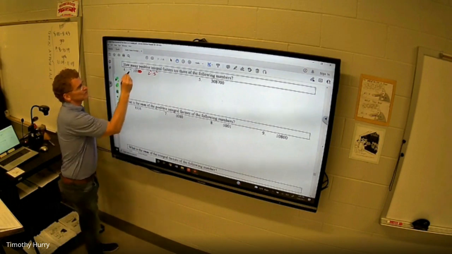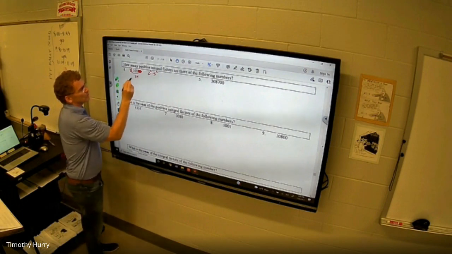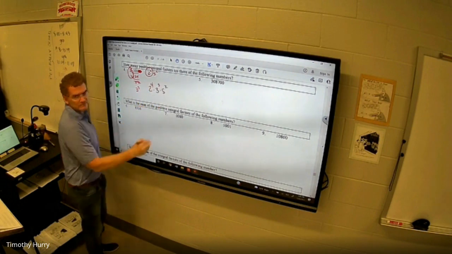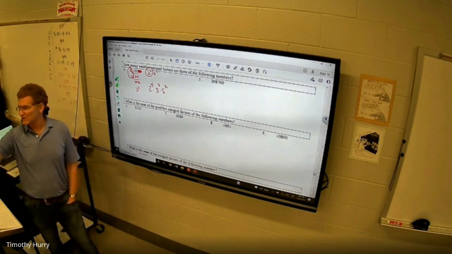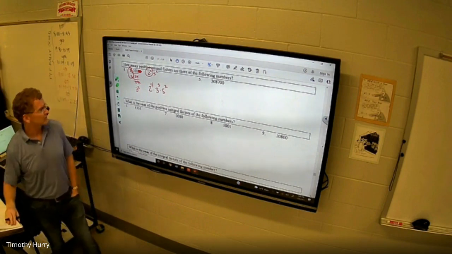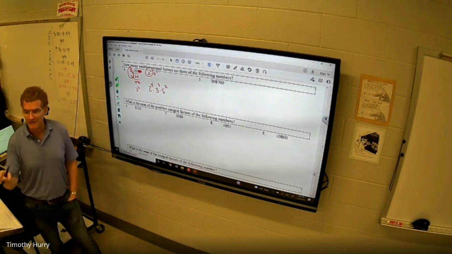So 2 goes into the 108, 54, 27, and we know 27's 3 cubed. So what do I end up with? 2 to the 4th, 3 cubed, and a 5 squared. But do whatever you got to do, right? You be you when you're doing your division. Hopefully you'll be okay on that. So it says how many.